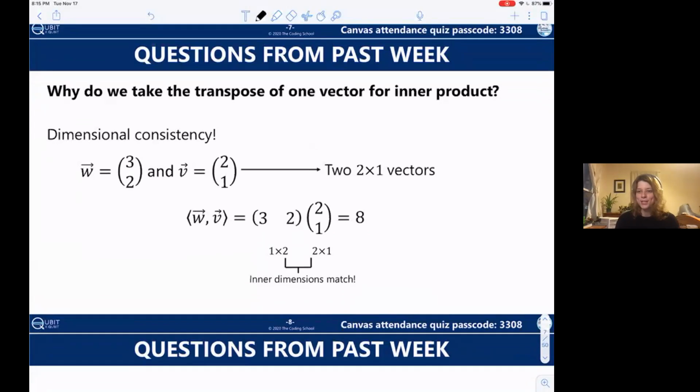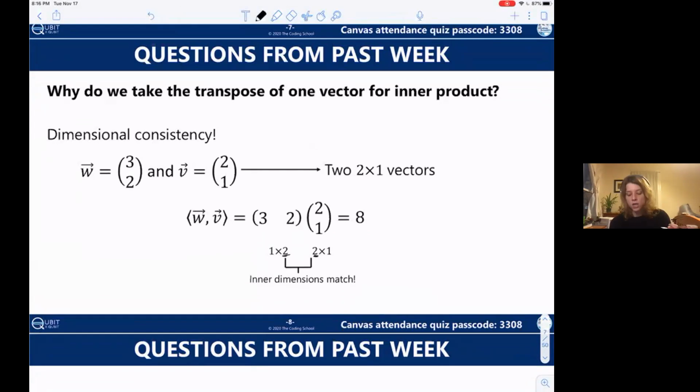Whenever we have a vector, we always want the number of columns of the first to match the number of rows of the second. And this is because this is how you multiply any kind of matrix.